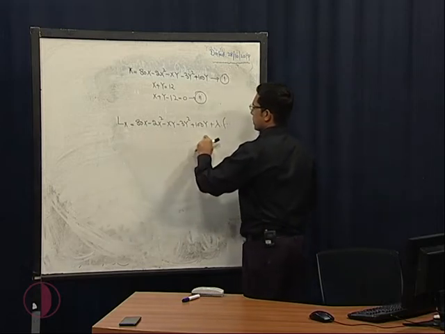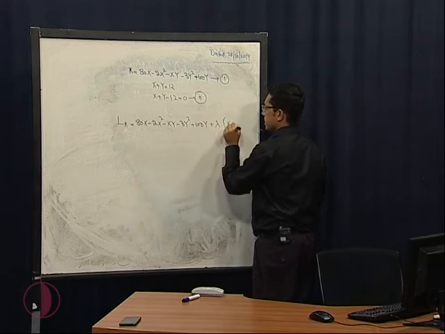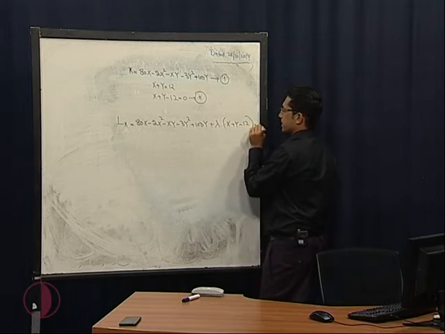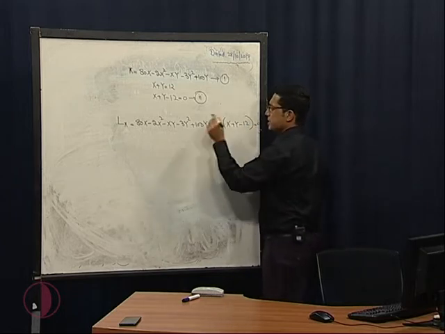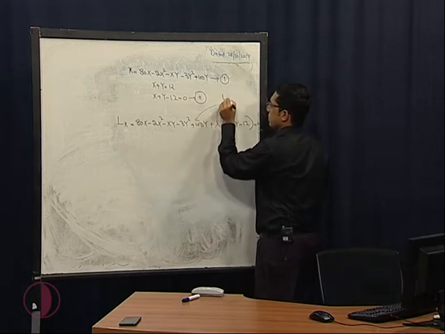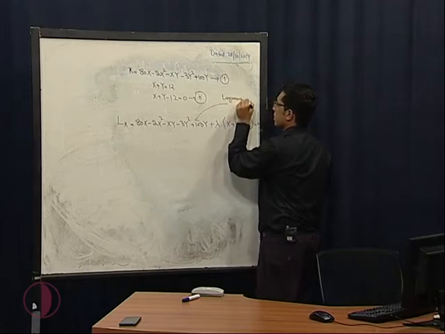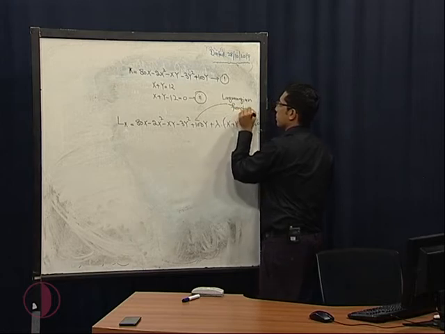So, this was the original objective function plus lambda times x plus y minus 12, set equal to 0. This whole function is known as the Lagrangian function.